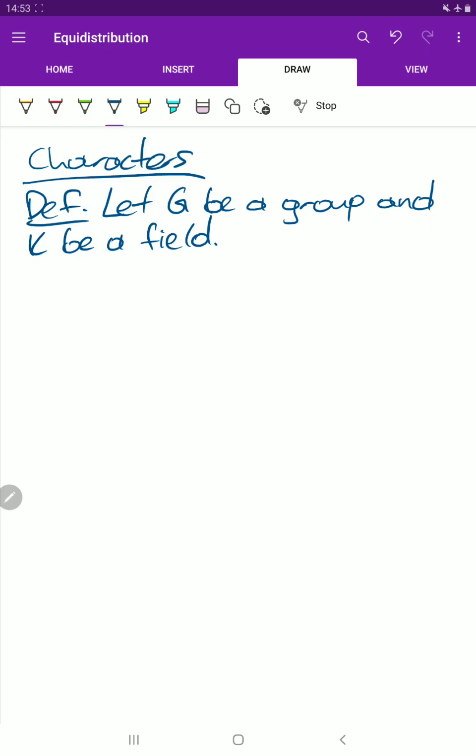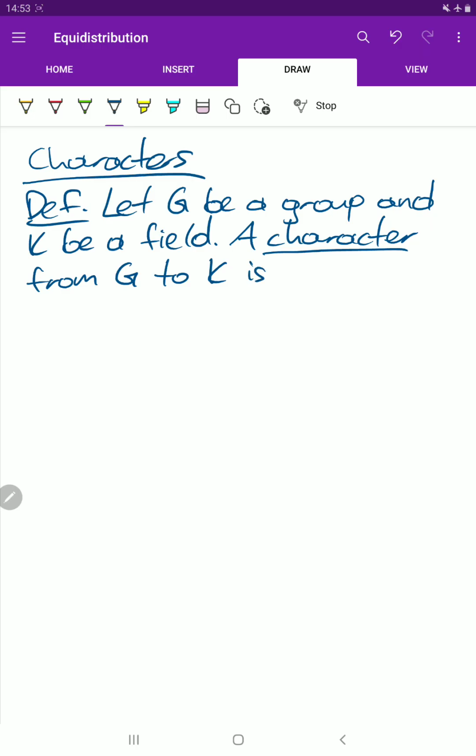So now we're gonna define what a character is. So a character, let's say from G to K, is a group homomorphism chi from G into the multiplicative group of K. So this is the kind of number theoretic definition.